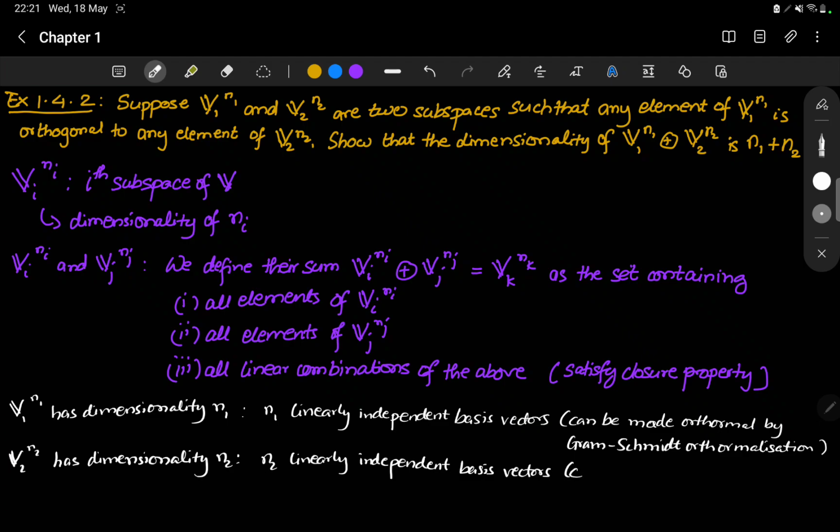Again, these can be made orthonormal by Gram-Schmidt orthonormalization.